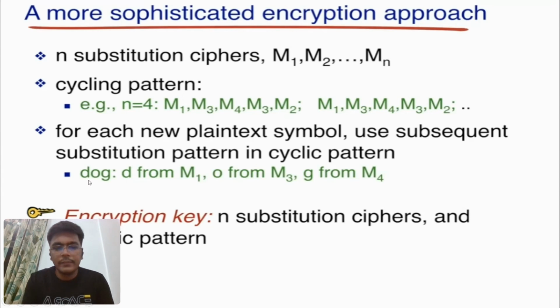For dog, the ciphertext will be M1, M3, M4. So in this method, we substitute every character in the plain text with another alphabet like M1, M2, and M3, and we make a cyclic pattern out of it in the ciphertext.